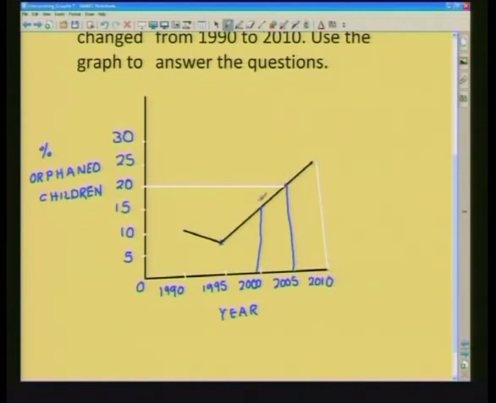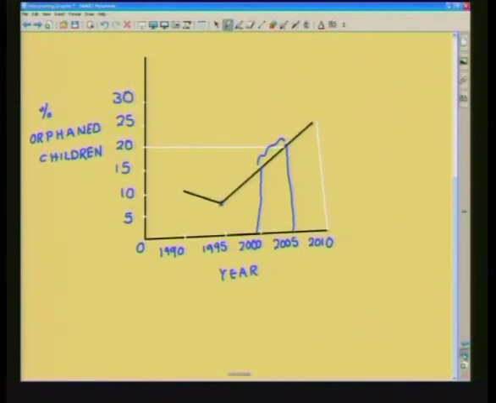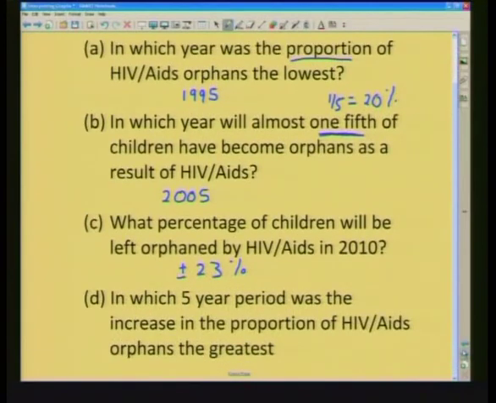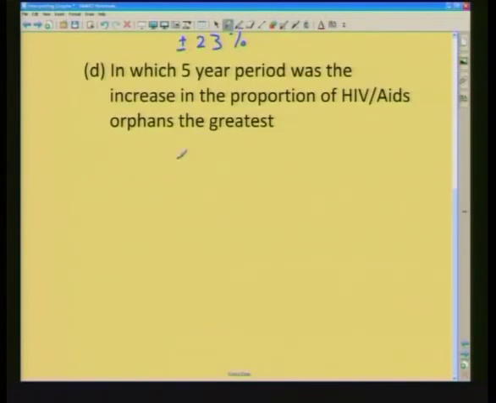So what you will see is that's the biggest increase that you will have in any of the 5-year periods, and therefore it is from 2000 to 2005 that we have the highest increase in the number of HIV and AIDS orphans.